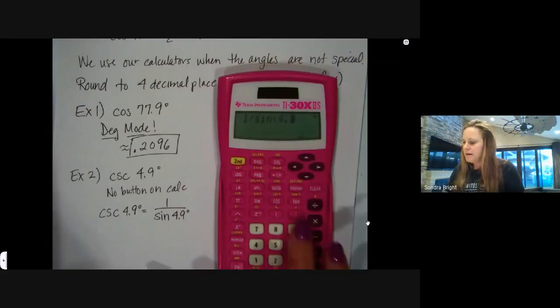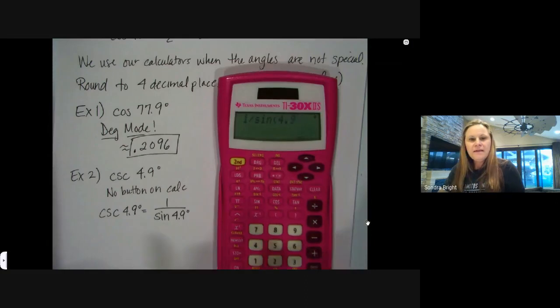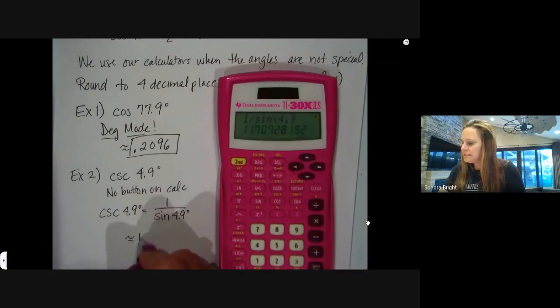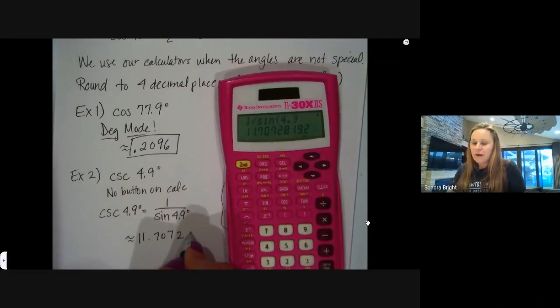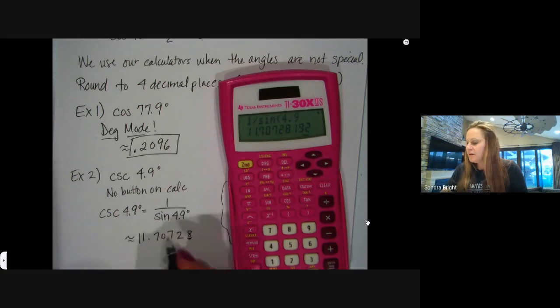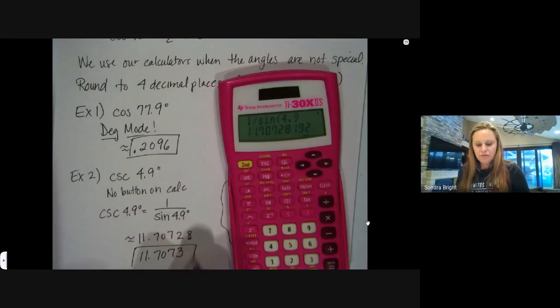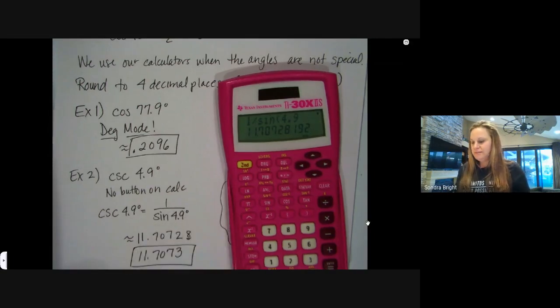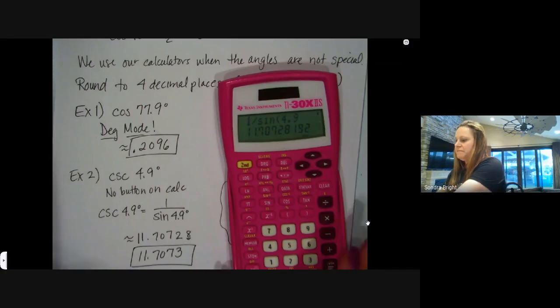Hit enter, and I get 11.70728. Now, I'm rounding to 4 decimal places, so I need to round to this spot, but the 8 says round it up. And so your answer will be 11.7073. Still not too bad, right? Hopefully. I think so. Let's do another one.